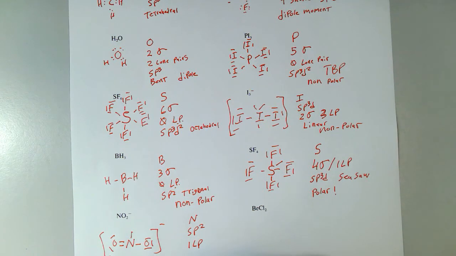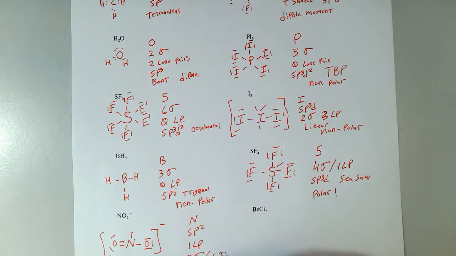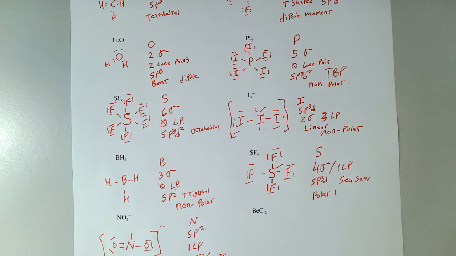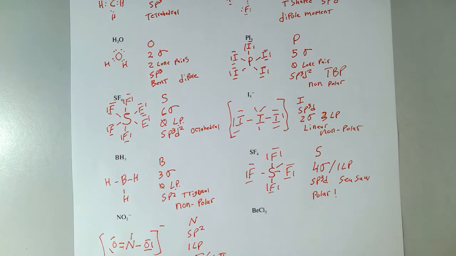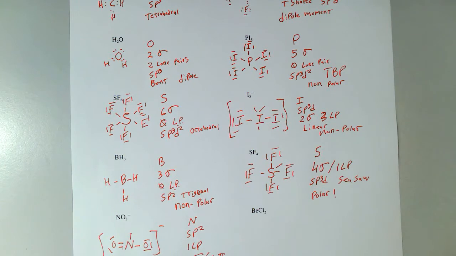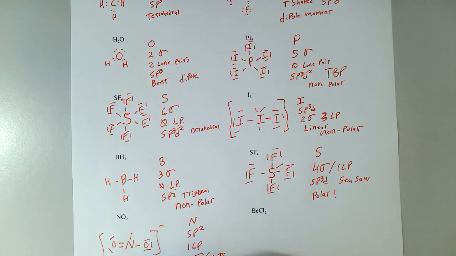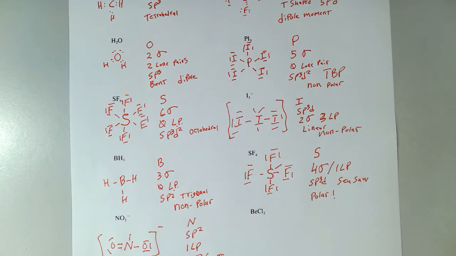It's got 2 sigma bonds. But it also has 1 pi bond. The sigma and the second bond there is a pi bond. Okay? It's got a dipole because it's bent. And it has another unusual feature that's really worth mentioning. Resonance. And we actually use that as our example in the lecture outline for resonance.